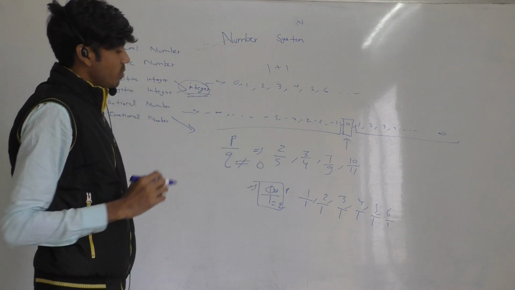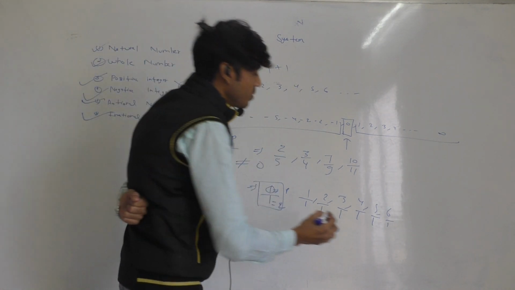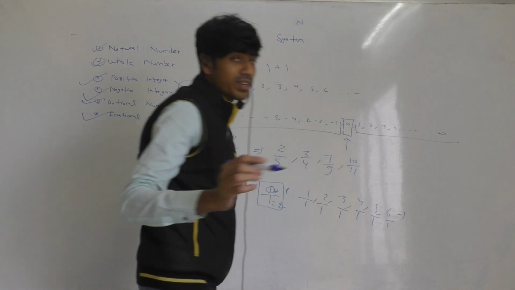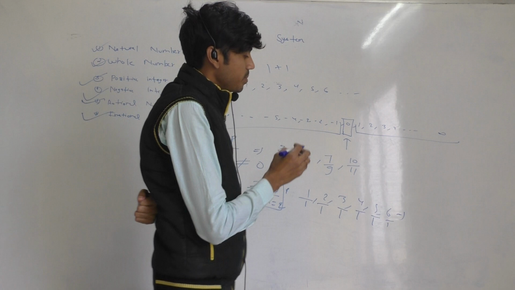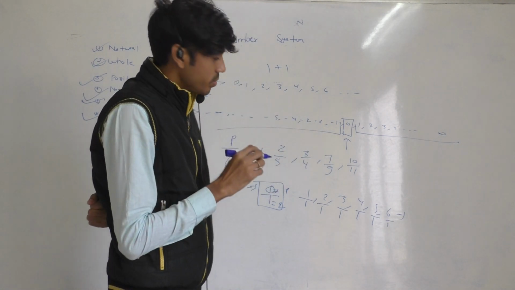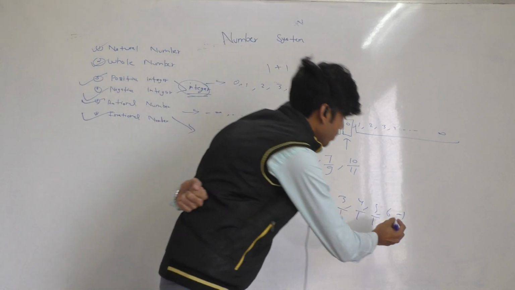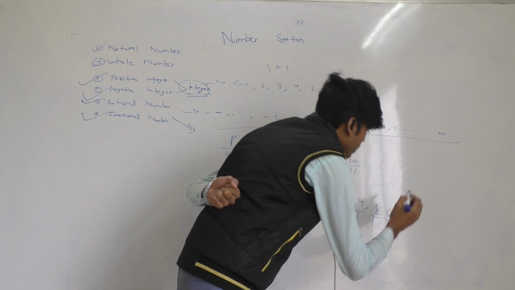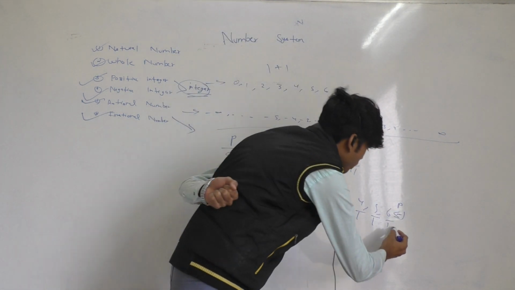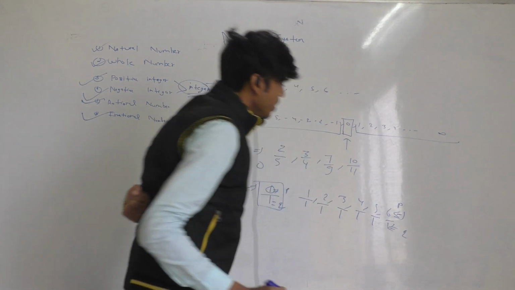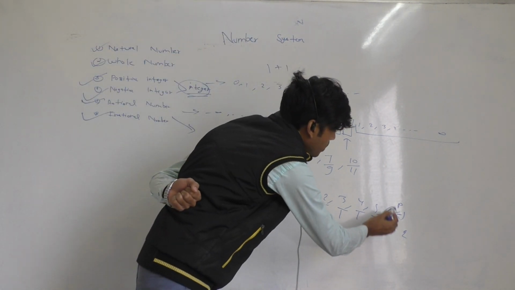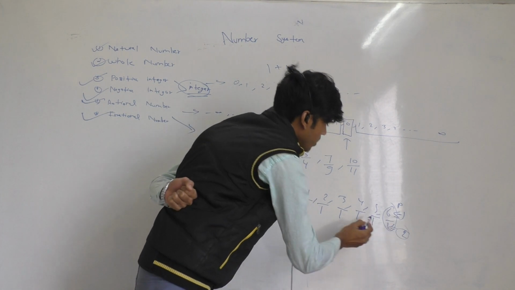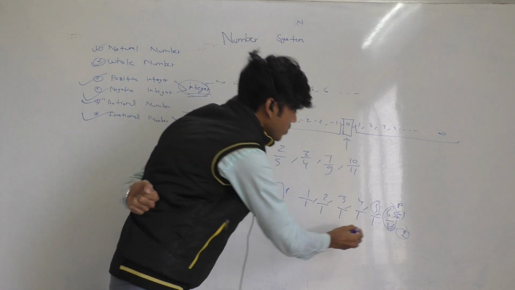What is the definition of a rational number? Any number that can be written in the form of p upon q is a rational number. Here p is the numerator and q is the denominator. So in this number you can say p equals 6, q equals 1. In this number p equals 5, q equals 1.